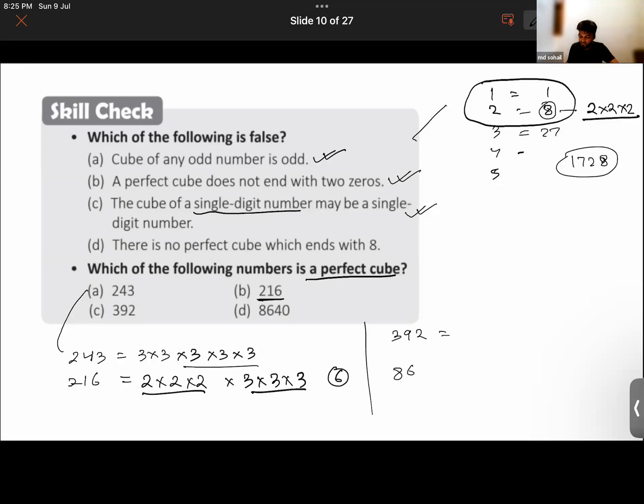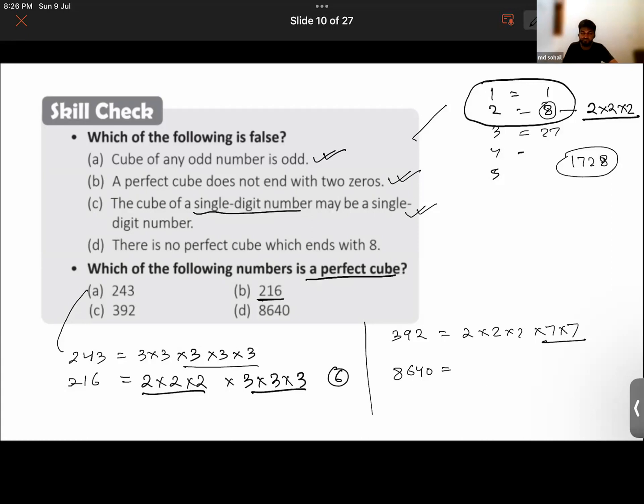Sure, sir. So this is also not a perfect cube. What is its prime factorization? 2 into 2 into 2 into 7 into 7. So 7 does not exist in a triplet here. Yes, sir. Good.